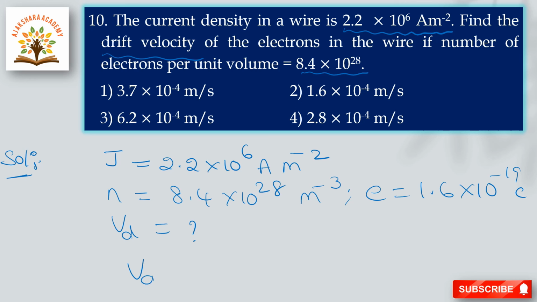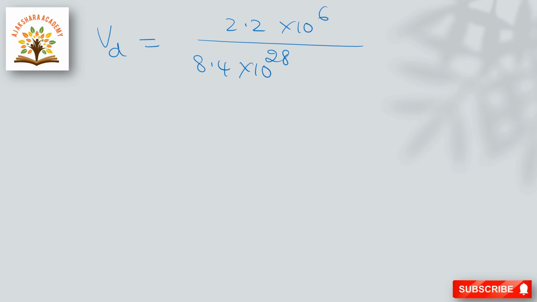Vd is equal to J by Ne. Now substituting values, Vd is equal to J, that is 2.2 into 10 to the power of 6, and N, 8.4 into 10 to the power of 28 into 1.6 into 10 to the power of minus 19.